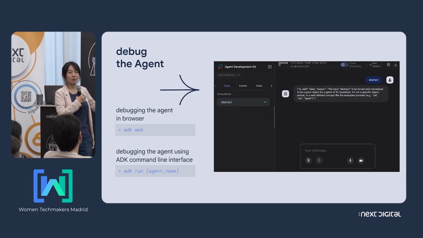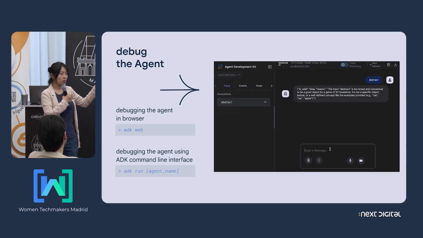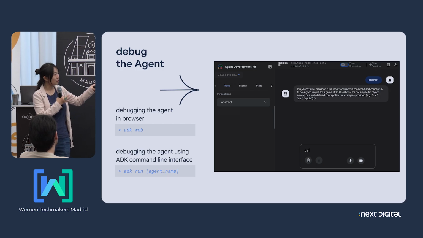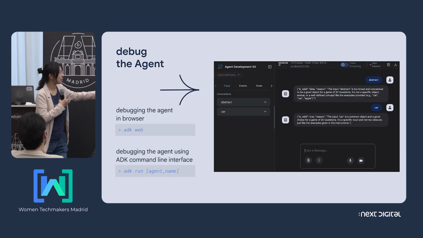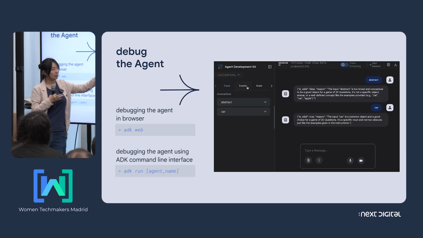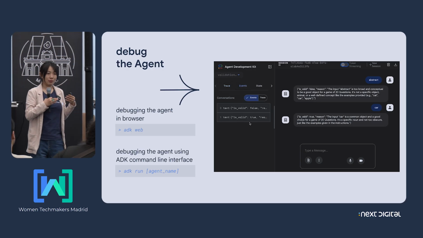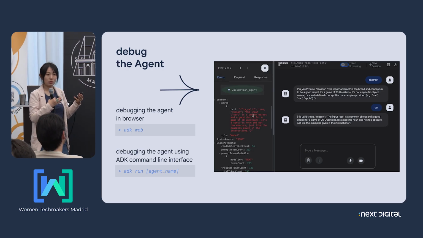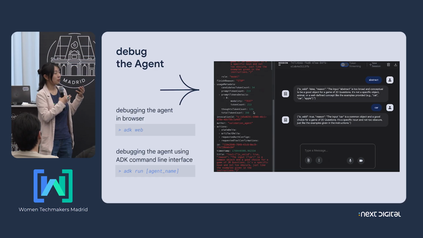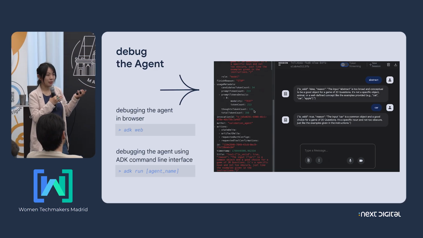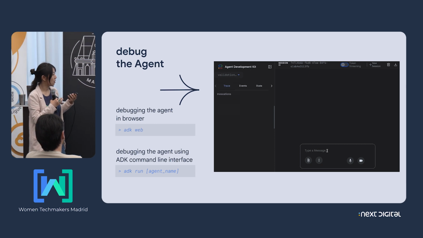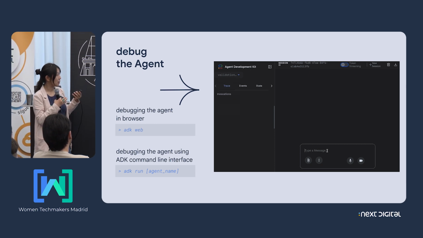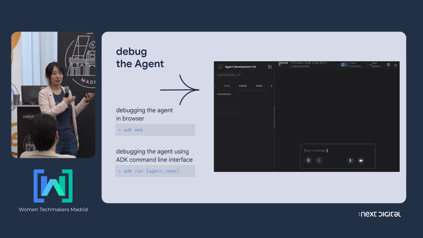You can go to your local browser to access this local website, select the agent we just created, and interact with it. It offers a very similar interface to the chat interface we're all familiar with. So this is a quick way of testing the agent without building the rest of the application.